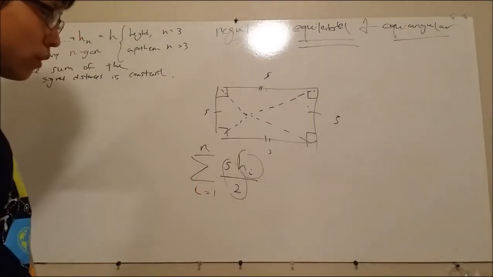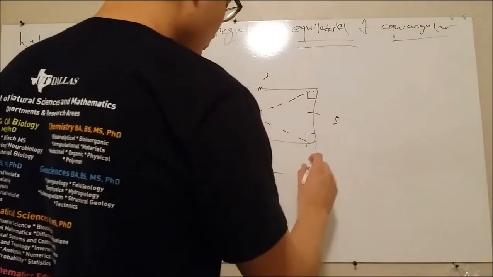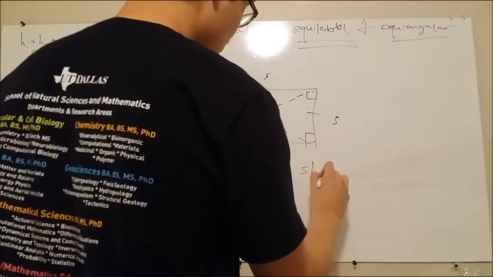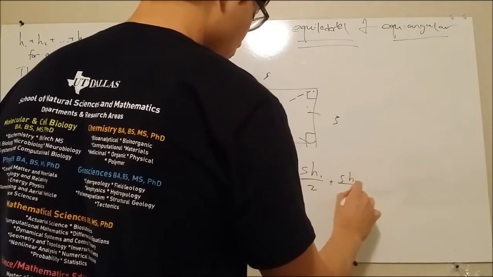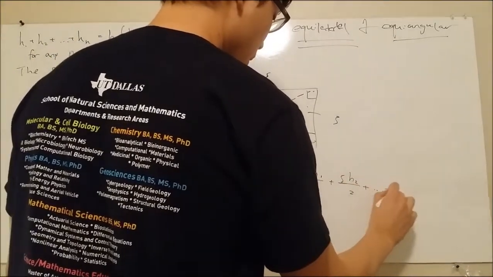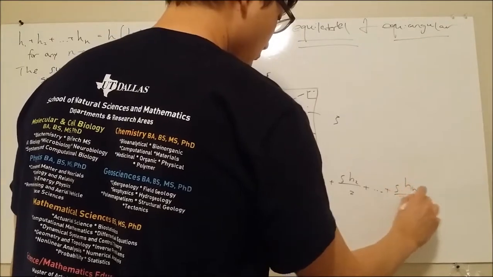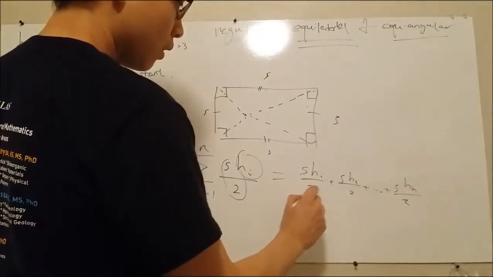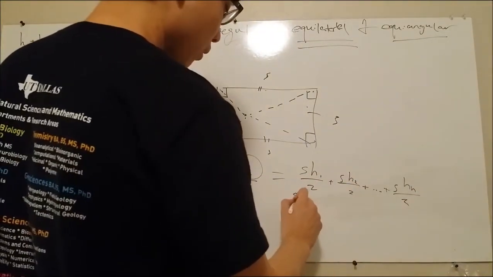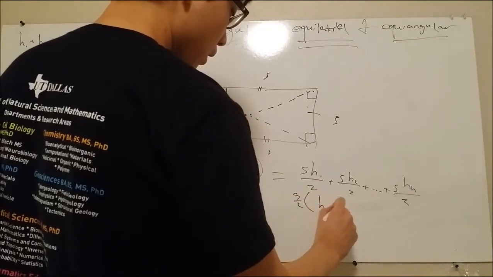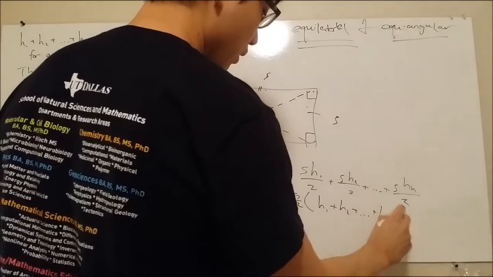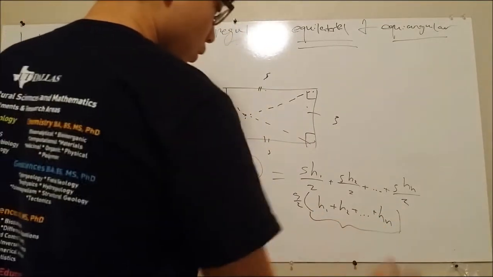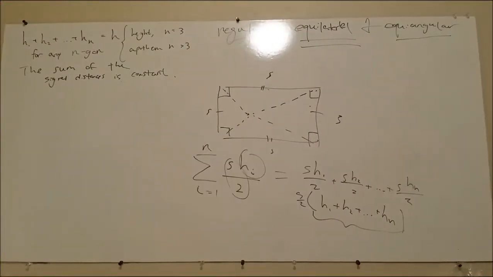And we sum them up to get S H1 over 2, S H2 over 2, all the way up to some n. And when we factor the S over 2 out, like so, we ended up with the expression we wanted on the inside, which is the sum of the distances.